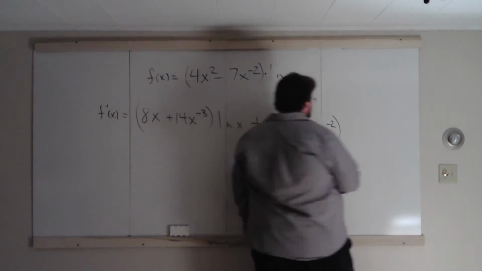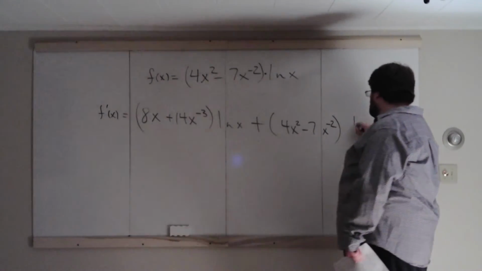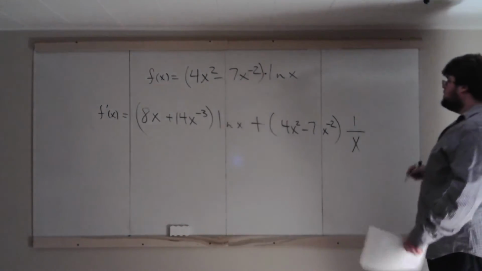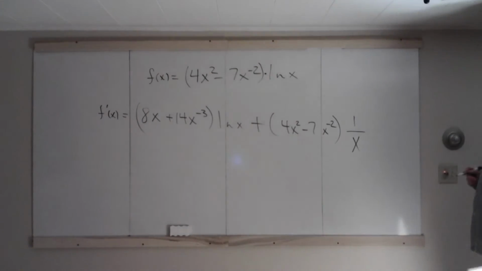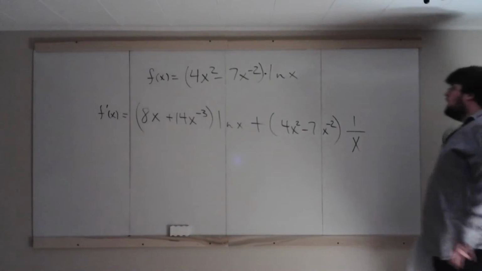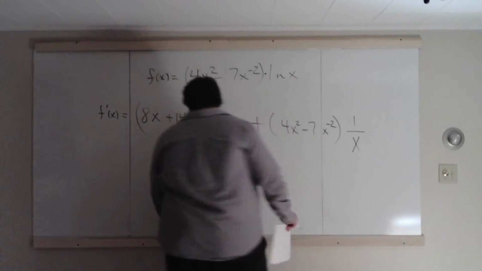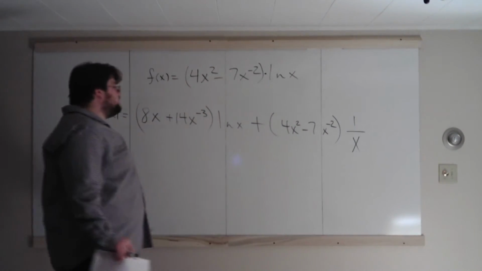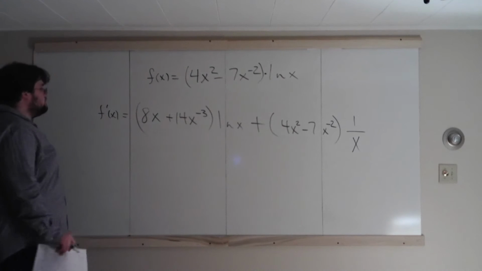Derivative of log x using rule 128 is just 1 over x. You could have also used rule 10 with b equal to e if you wanted to, but I separated the natural logarithm and natural exponential in those rules.